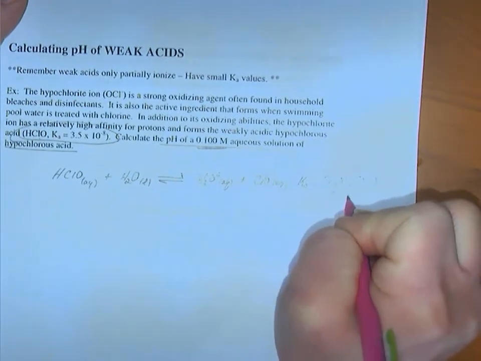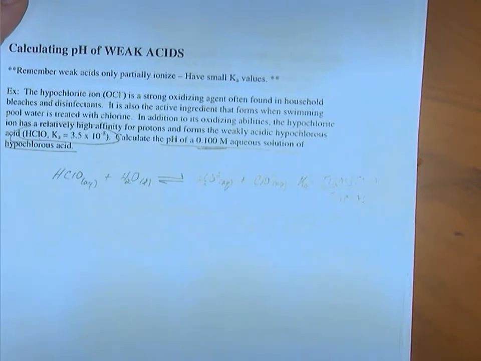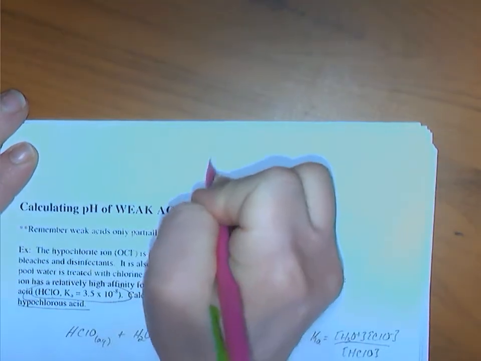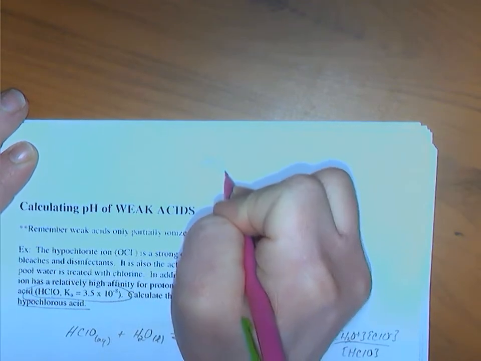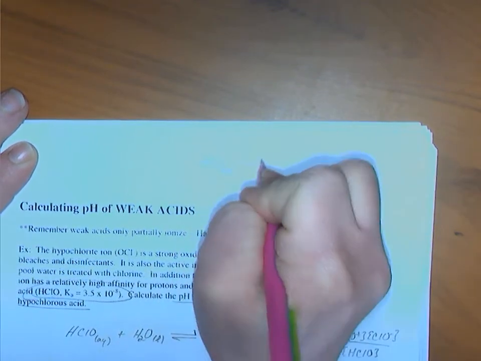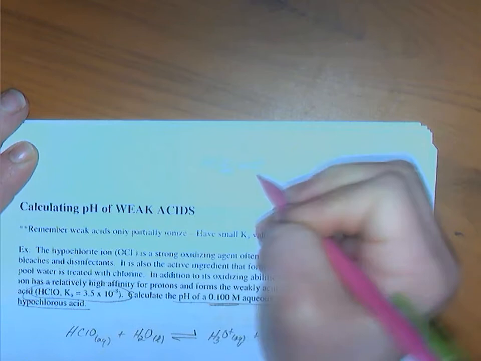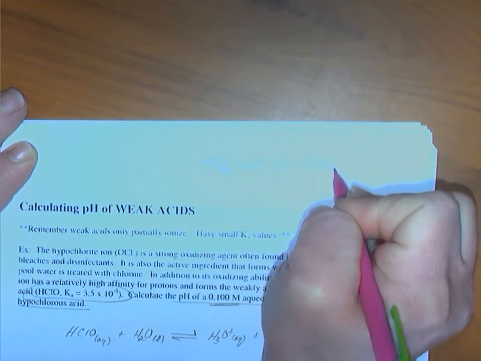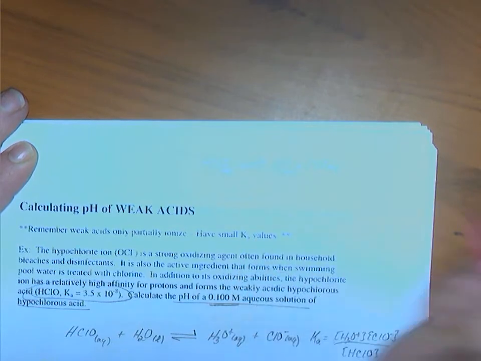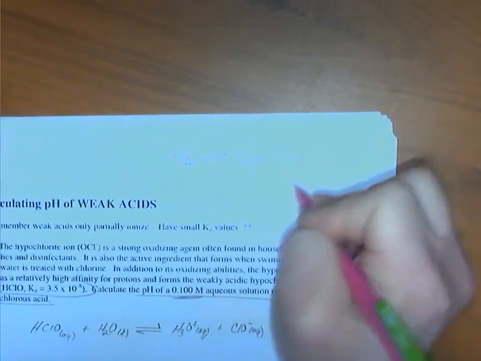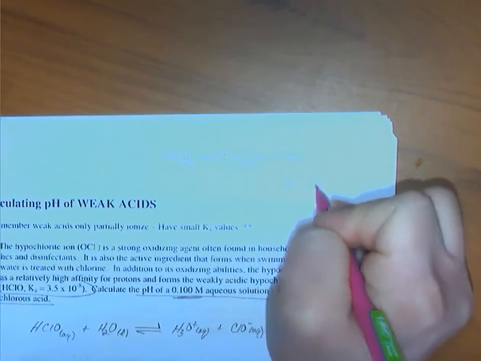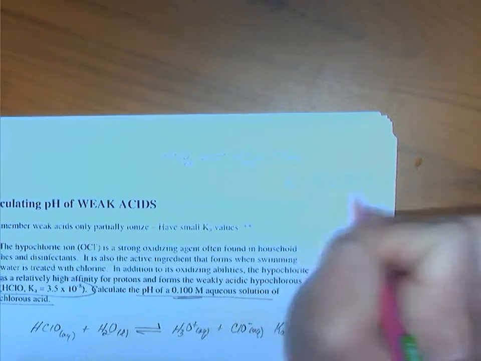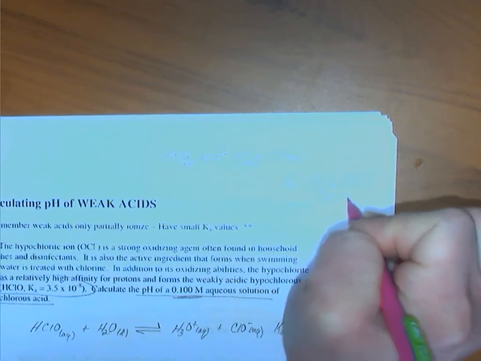You are fine to ignore water, but we know it's there. And then your Ka would simply be your hydrogen ion, and then your hypochlorite, and then the HClO.